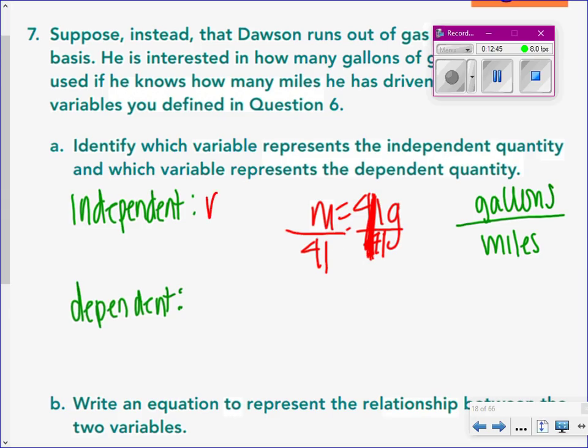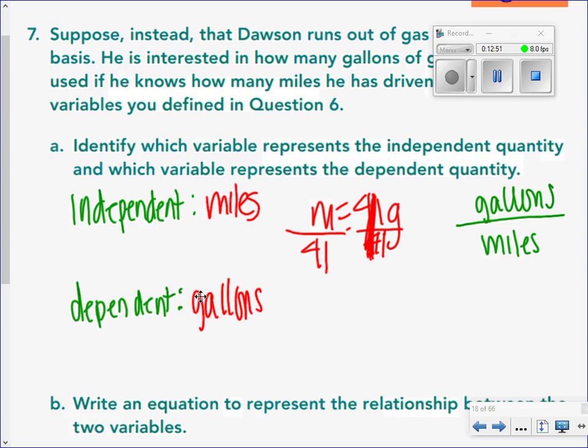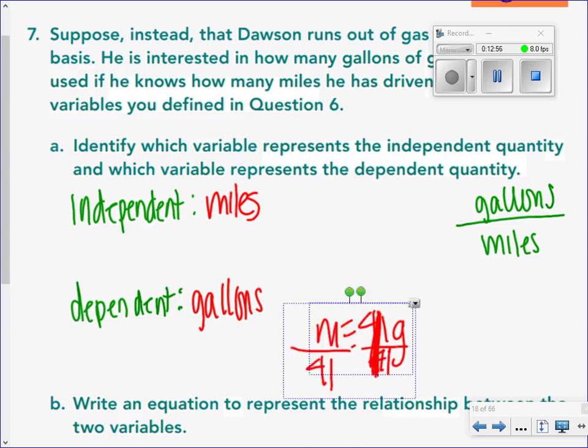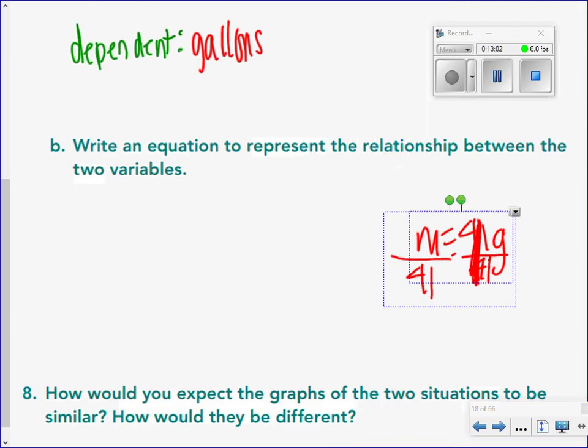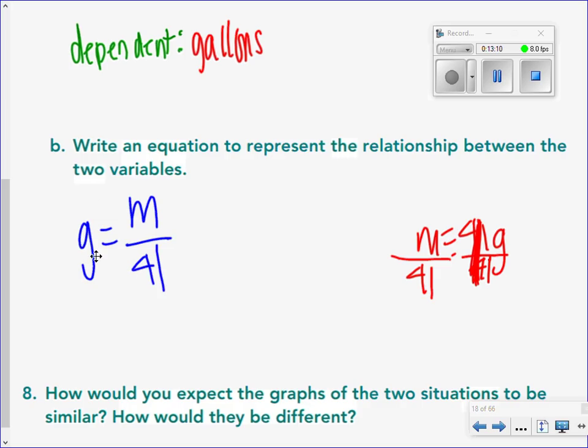Independent is miles, dependent is gallons. Good. So I manipulated it, we rewrote it, and it now says G equals M divided by 41. We still have the same variables. Now I'm going to look at my odometer and see how many miles I've traveled, divide it by 41, and then I know how many gallons of gas I've used.